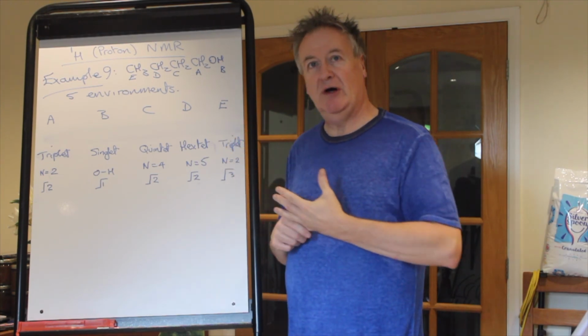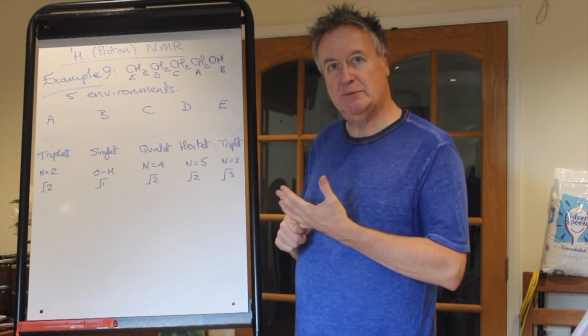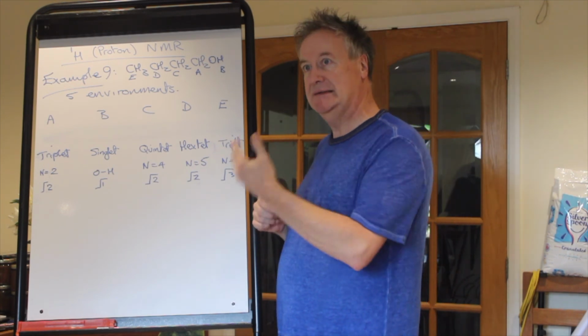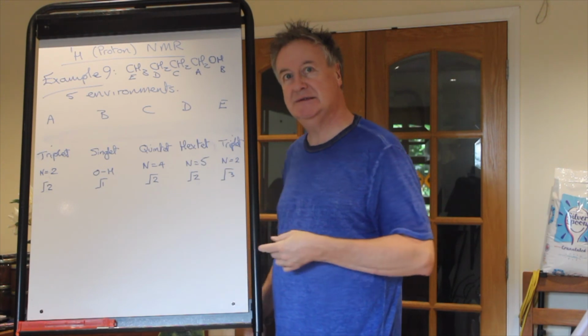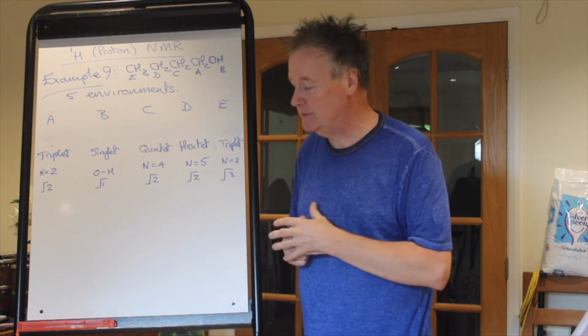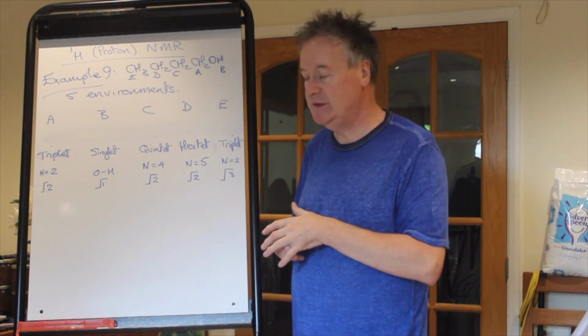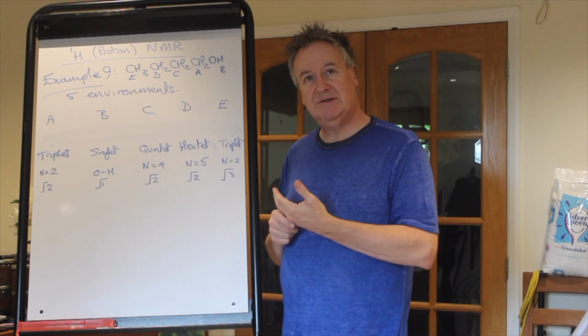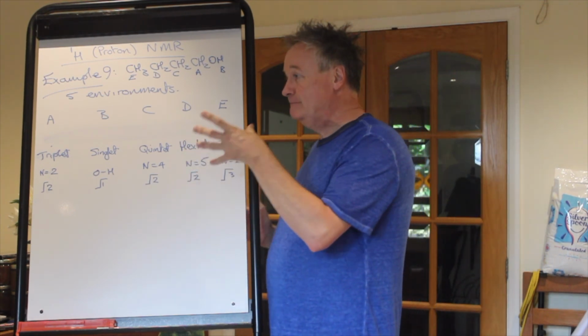Now, there are a whole range of attached questions for you to practice on, because quite frankly, this is the hardest thing about NMR at A level, doing this spin-spin coupling, understanding what it means, what it allows you to interpret. So there are some attached questions, and eventually there'll be some attached answers which I haven't written yet.